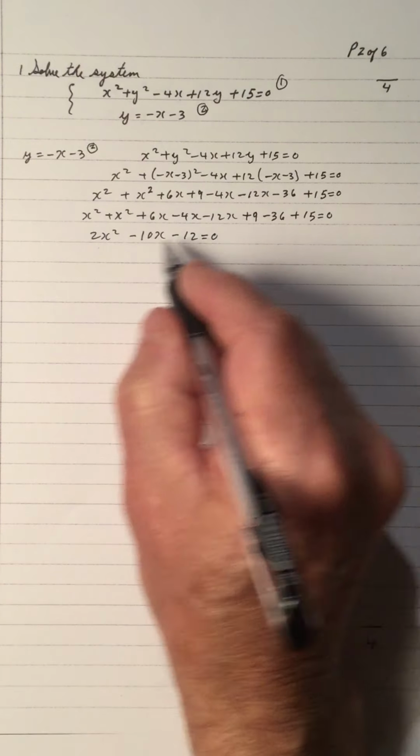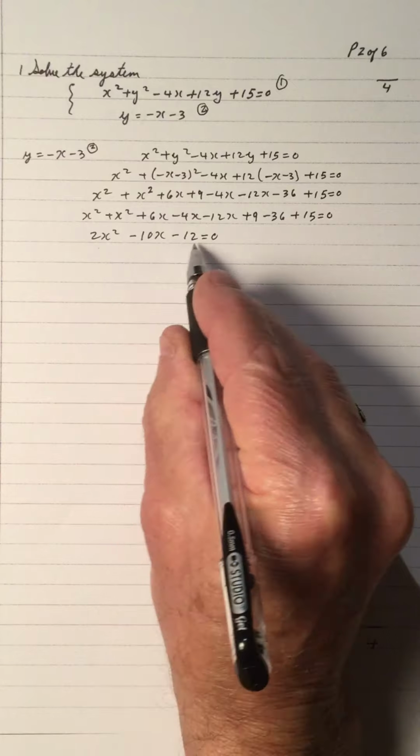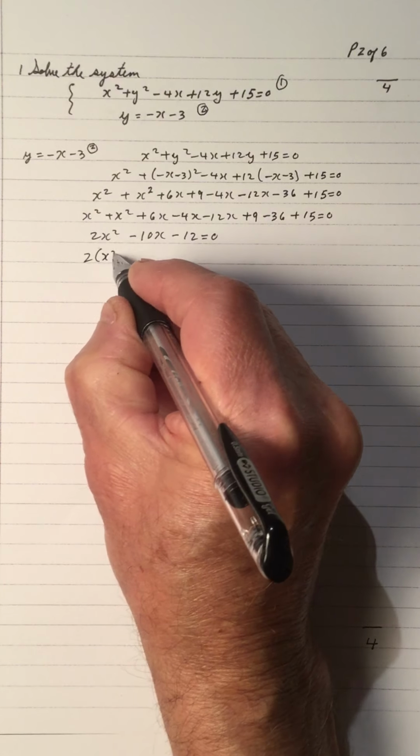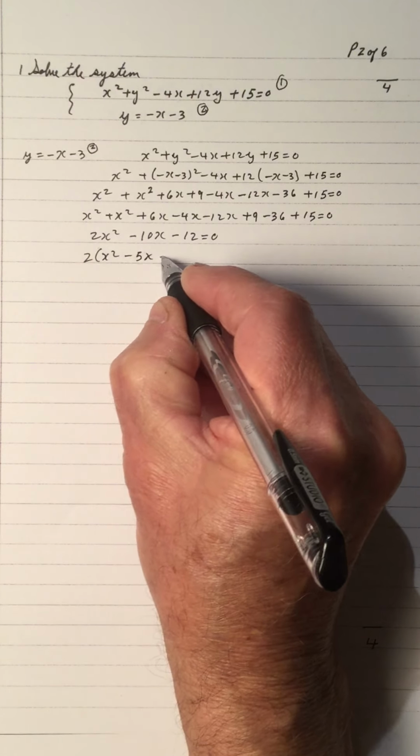And notice we have a quadratic, so we notice 2 is a factor, so we take the 2 out, we get x squared minus 5x minus 6.